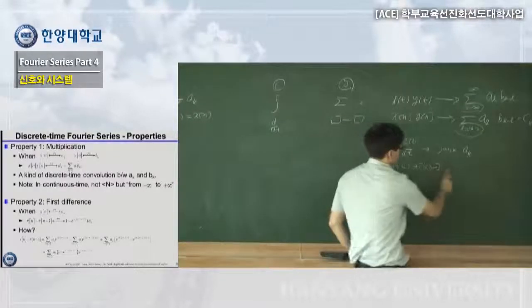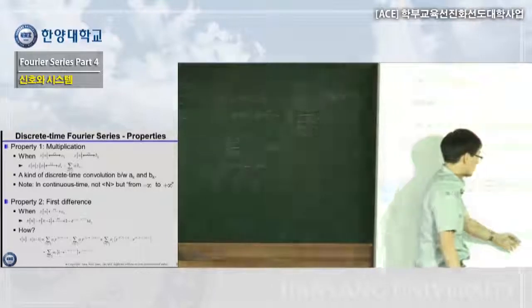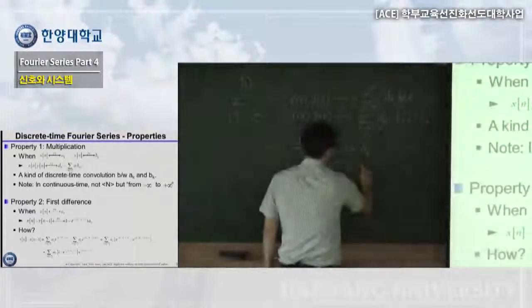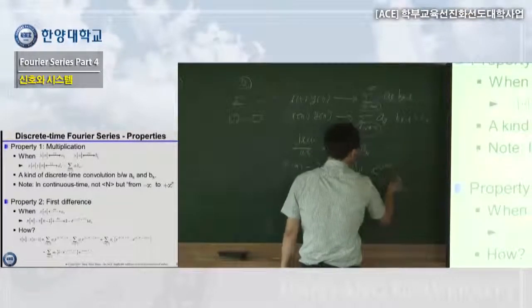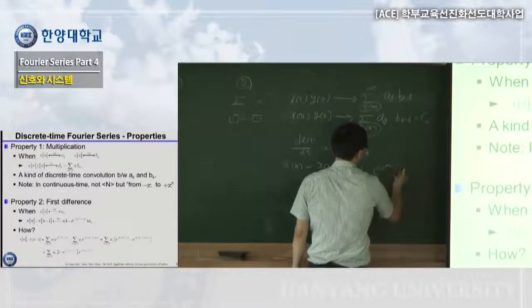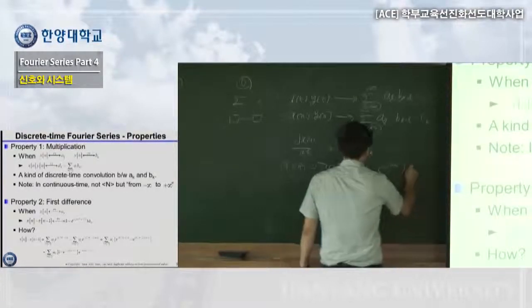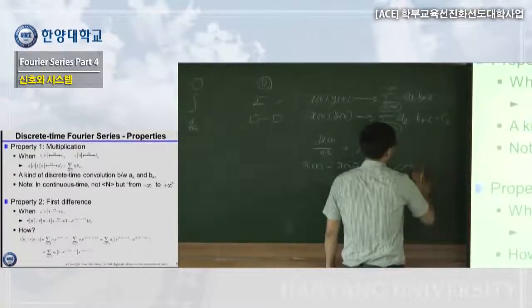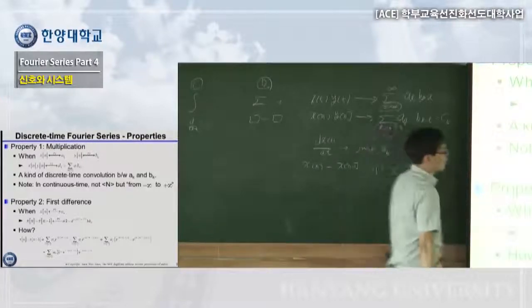If you have difference, then this goes to the idea that they will look like this, because 1 minus e to the minus j omega_0 should be like this, I think.